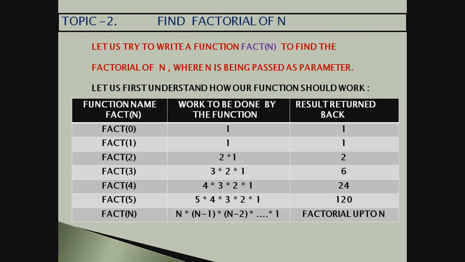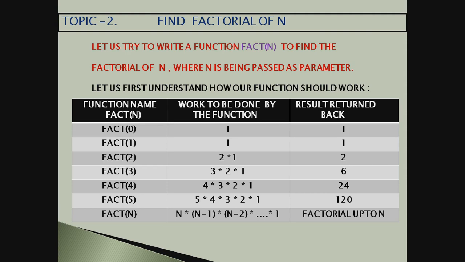Let us again revisit fact 2, that is when we pass 2 to the factorial function. The function which we have written here for finding factorials is fact. So fact 2. See, if human beings had to find the factorial, the human brain would have thought in this way, 2 into 1, and it would have said, okay, the result would be 2.